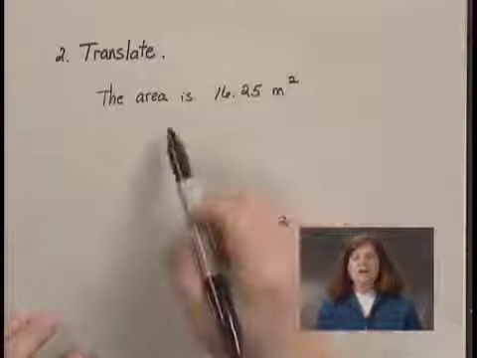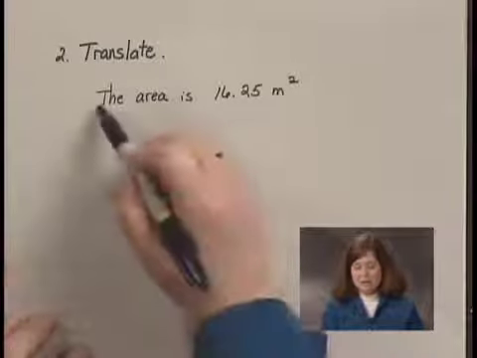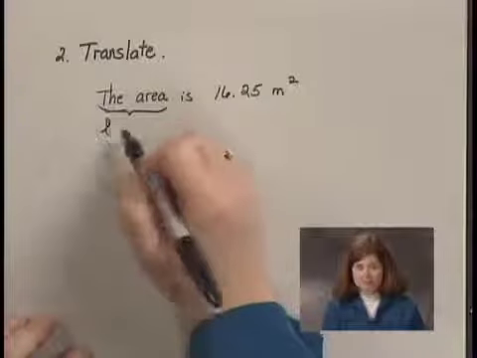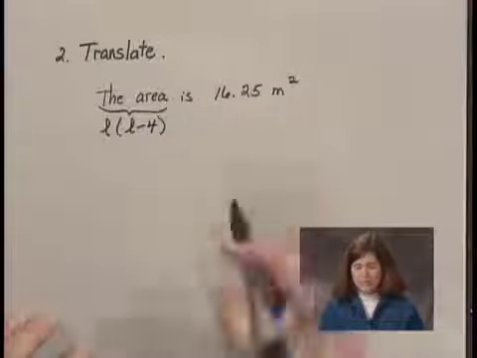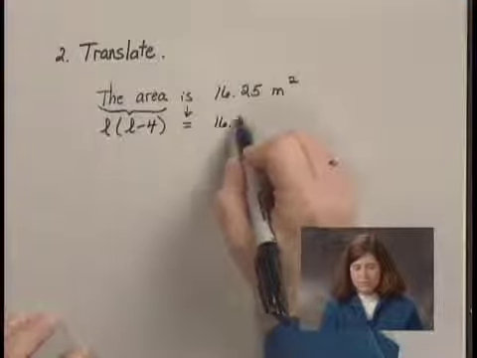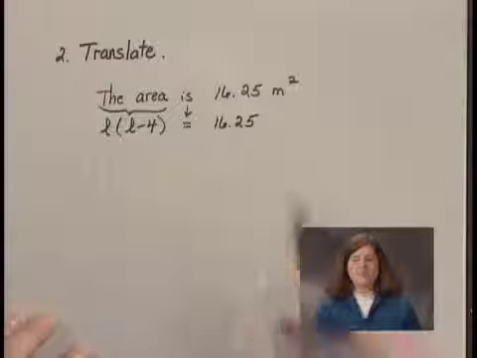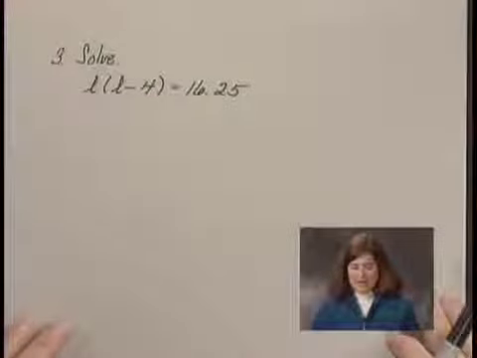Now, how can we write the area in terms of our variable L? Well, the area is length times the width, so we have the length L times the width L minus 4. And that equals 16.25. This gives us an equation that we can solve in our next step in the process.